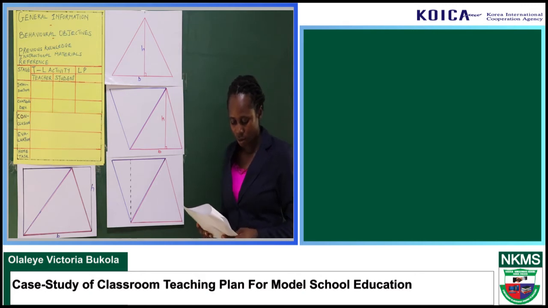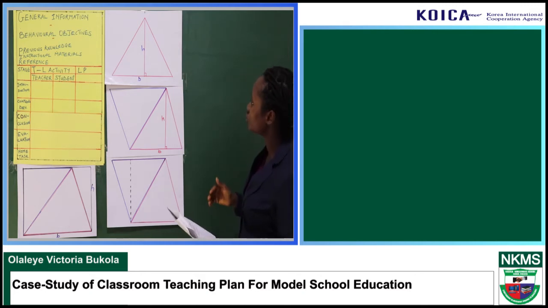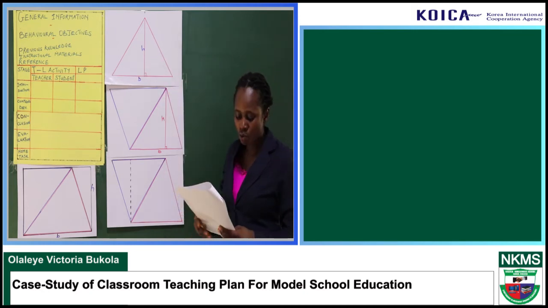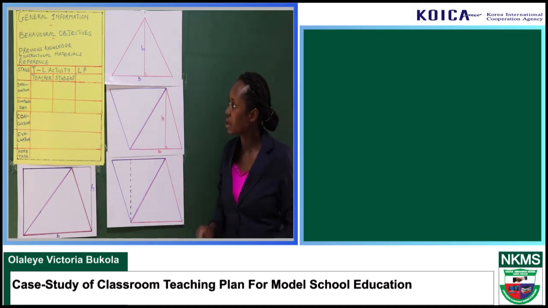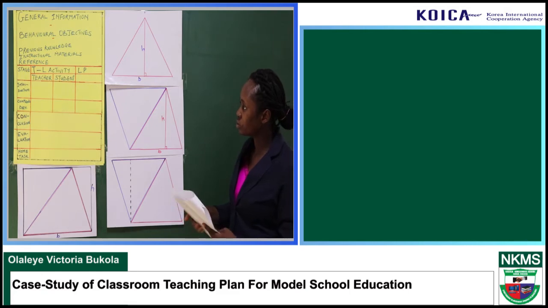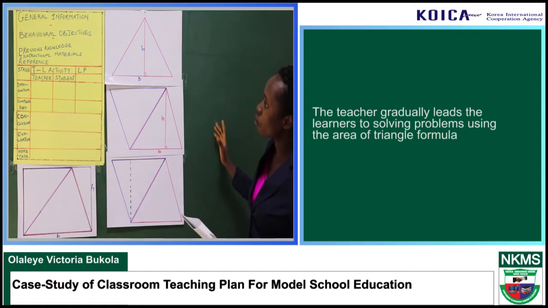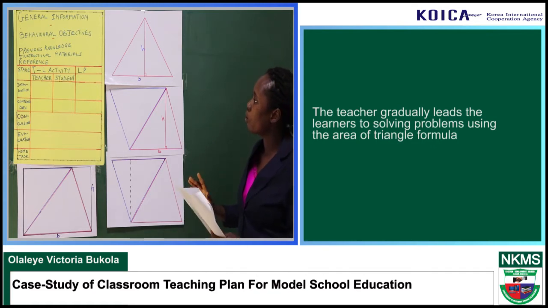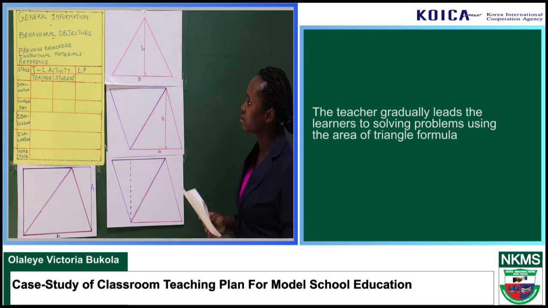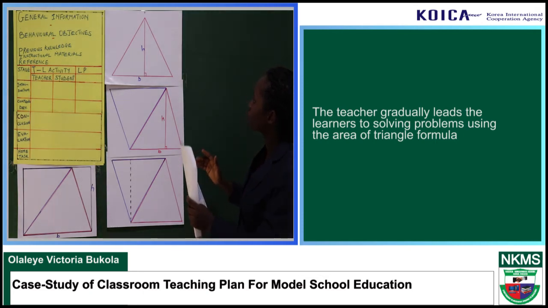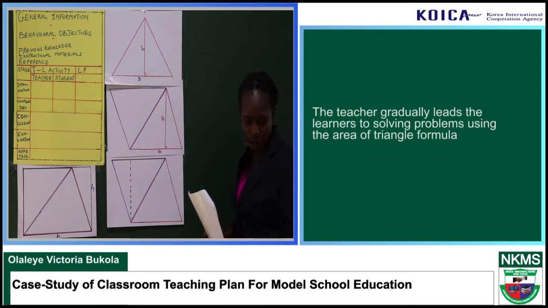And looking at our teaching materials here, we have our cardboards that have the triangles. And we move to the first step here, using our content development, step 1. We want to derive the formula for area of triangle, that is, how to generate the formula that we use to calculate the area of a triangle.